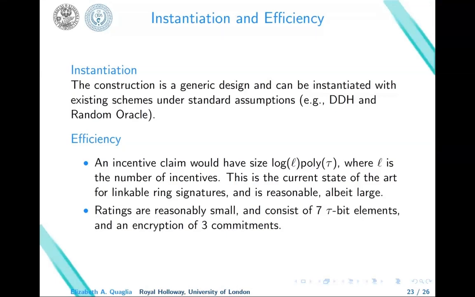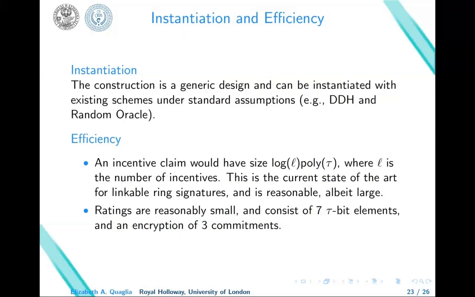We show that we actually can instantiate with existing schemes just off the shelf under standard assumptions. And this brings to a construction where an incentive claim, as we said, is essentially a linkable ring signature. So its efficiency is comparable to current state of the art, which is a little bit large.